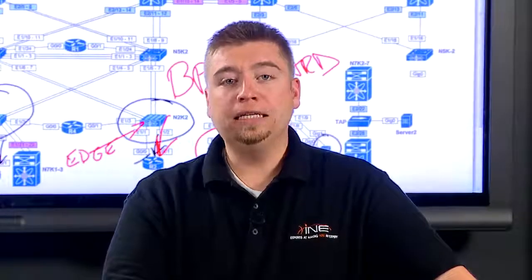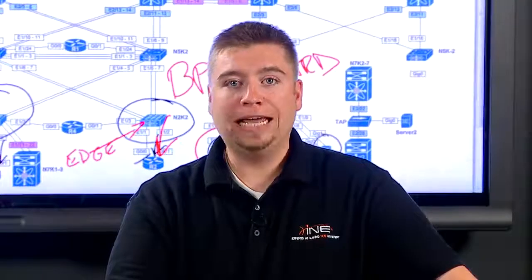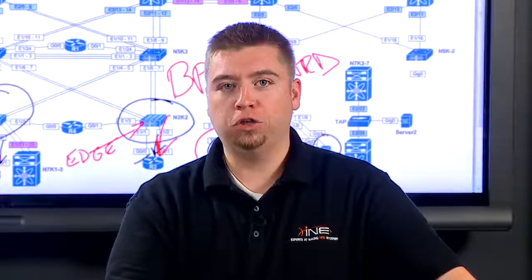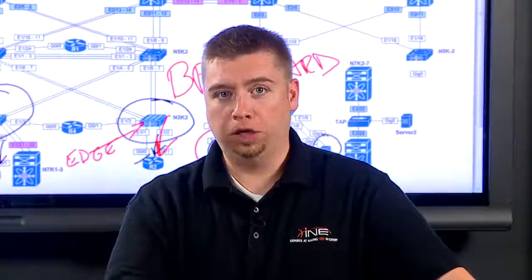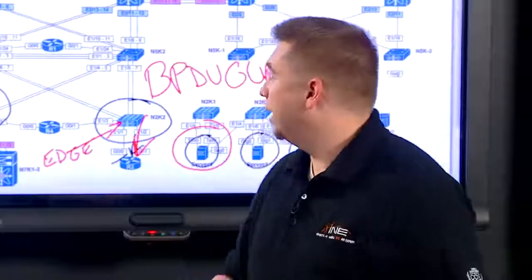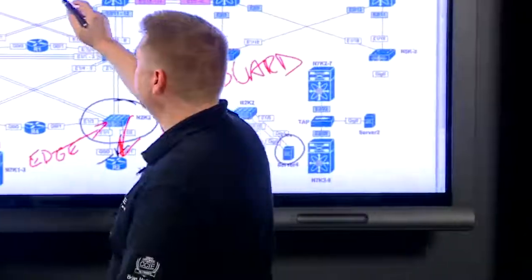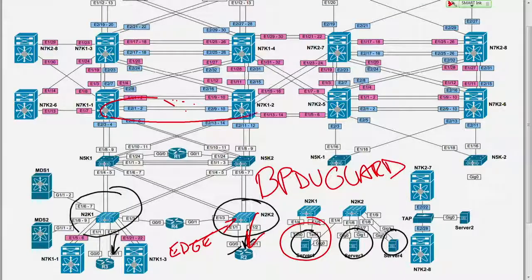Ideally, bridge assurance would be used on any layer 2 interconnections between switching devices in the topology. So if we take a look at our physical diagram, any layer 2 interconnections between the 7Ks, and any layer 2 interconnections between the 5Ks, we would want to make sure these ports are running as spanning tree port type network.